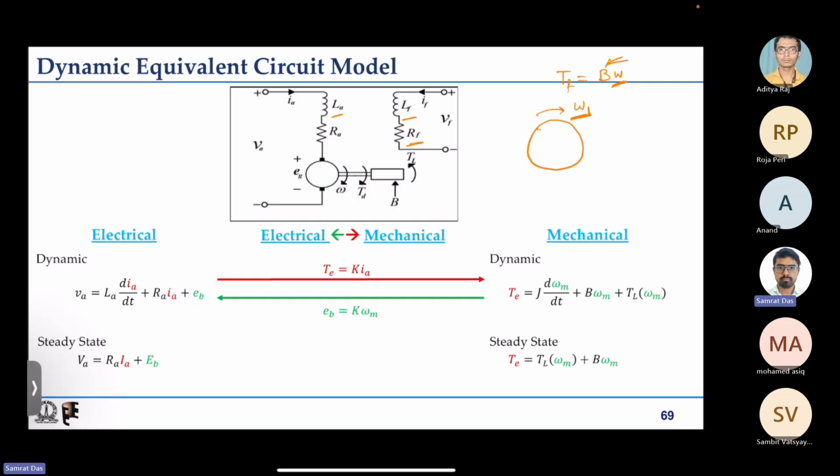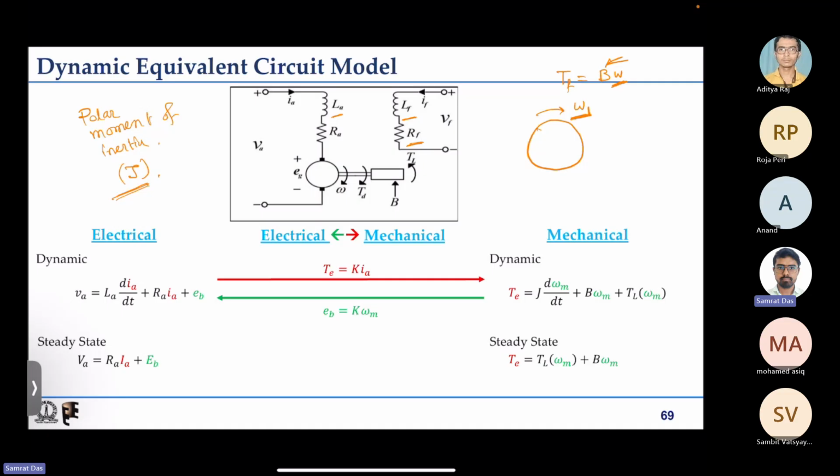Any body in motion has a certain inertia that will oppose any change in speed, or rotational speed in the case of rotating bodies. That is the polar moment of inertia for symmetrical rotating bodies, often written as J. So the moment of inertia J is the dynamic element for the mechanical side of the system.